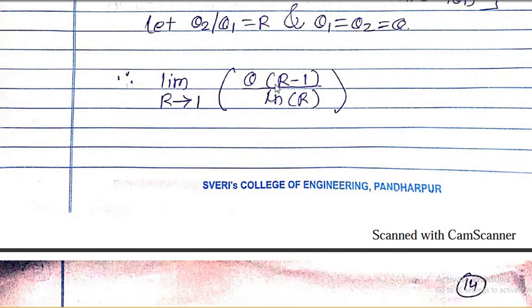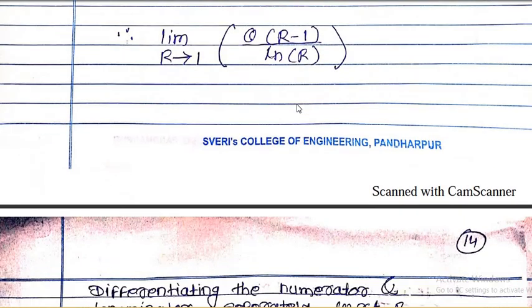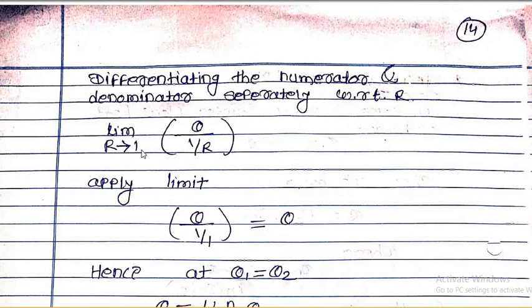If you multiply theta inside the bracket, the numerator becomes theta r minus theta, and the differentiation with respect to r will give only theta in the numerator, and for ln of r, the differentiation of ln of r is 1 upon r. So limit r tends to 1, theta divided by 1 divided by r, and afterward we have to apply the limits. So instead of r we are going to put 1, so theta divided by 1 divided by 1, we will get theta only.